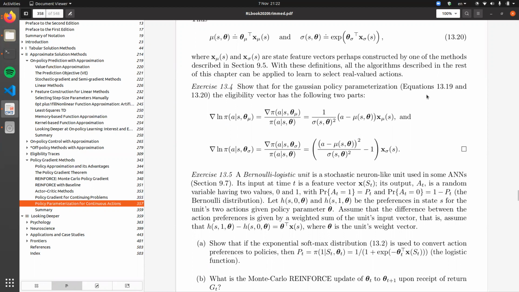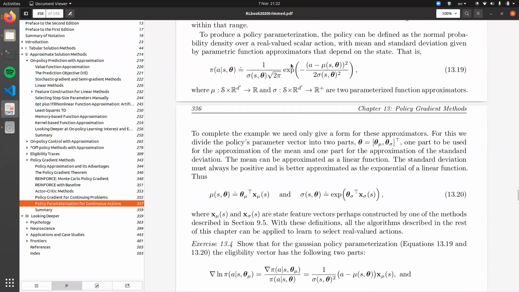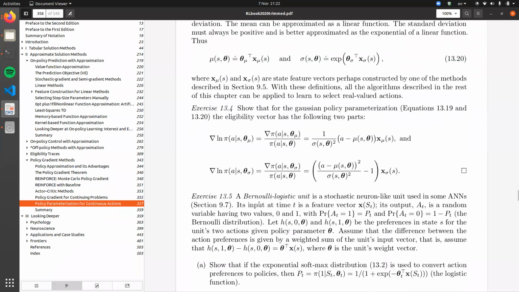It's asked that we derive these expressions, but that should be quite straightforward given the expression for the parameters of the Gaussian distribution and the fact that we are using linear function approximation.